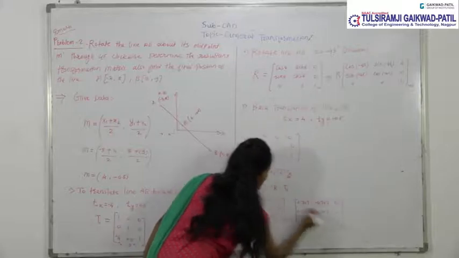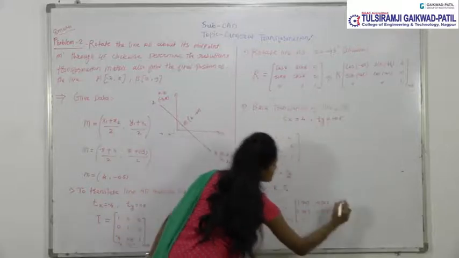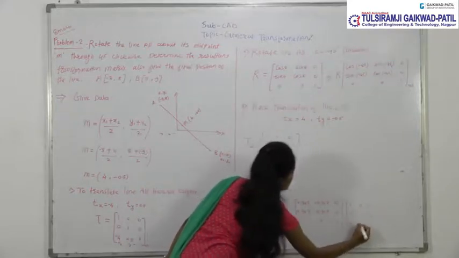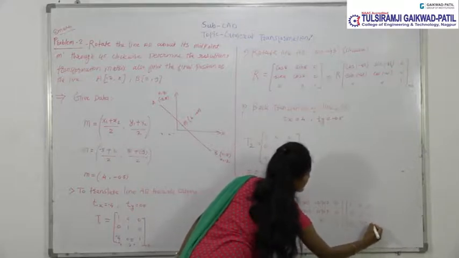Then second translation T2 here, that is 1 0 0, 0 1 0, then 4, minus 0.5 and 1.